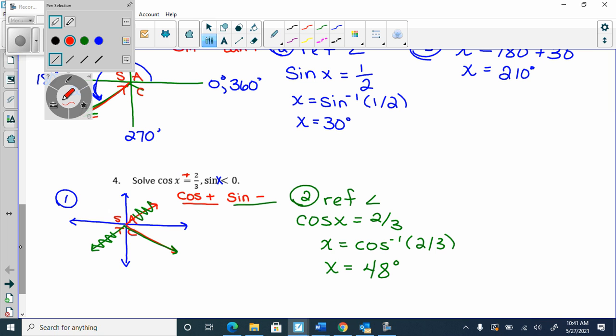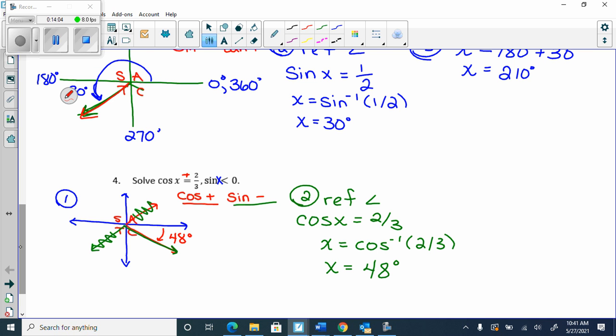And it is a reference angle, so it's from the x-axis down, right? It's your bow tie angles that are your reference angles. So this is 48. And we're in quadrant 4. In quadrant 4, we always find the angle by doing 360 minusing it.